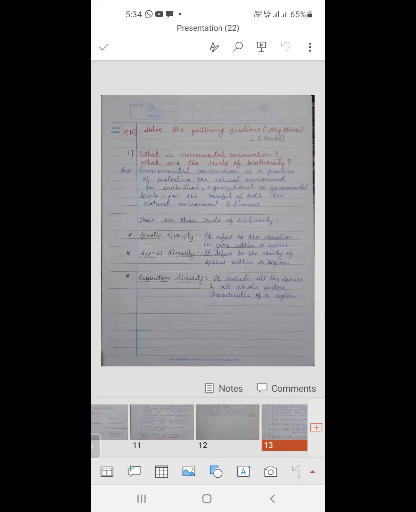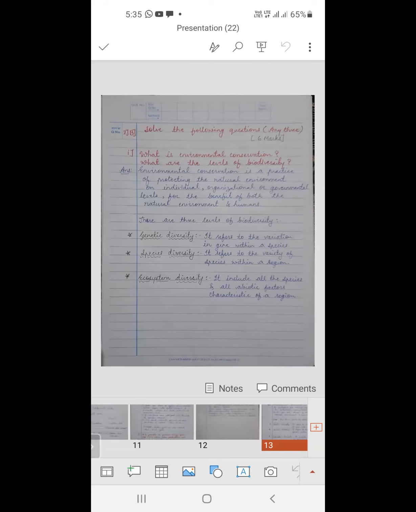So you have to protect the environment individually, organizationally, and the government also has to protect the environment at its level.